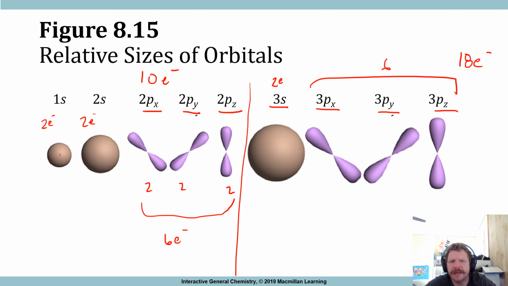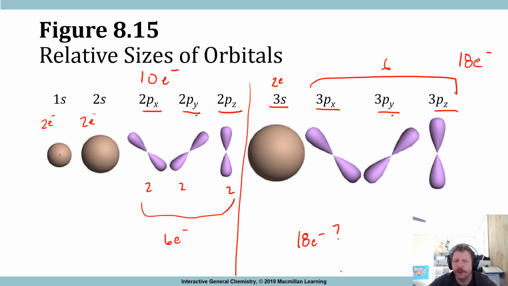Now, with that as a model, can you say anything about the identity of this atom? Yeah, you can. What is something that in its ground state has 18 electrons?